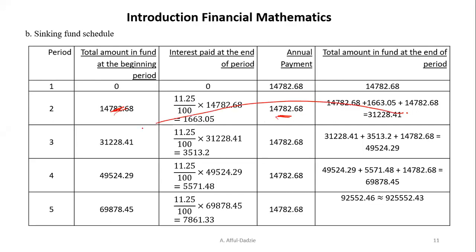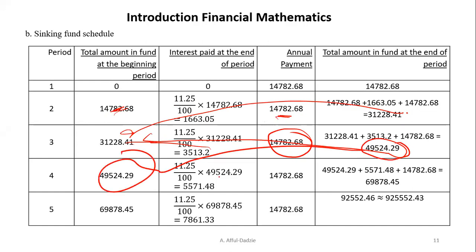You bring the total to the next period, calculate interest on that total, introduce your annual payment again, and sum everything, and it gives you this. Take this and bring it here, calculate interest on this. And then the annual payment is still there. Sum everything, it will give you this in that order.